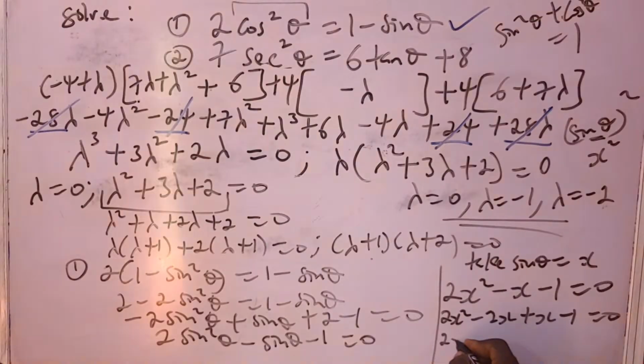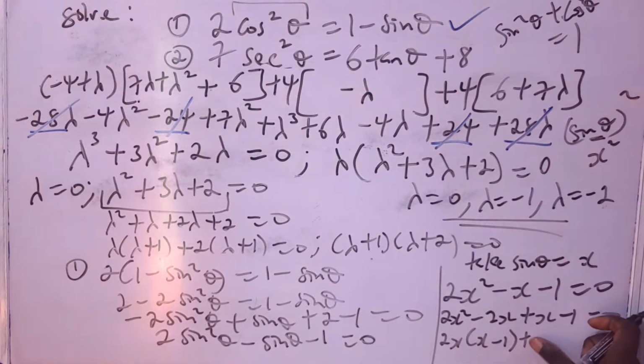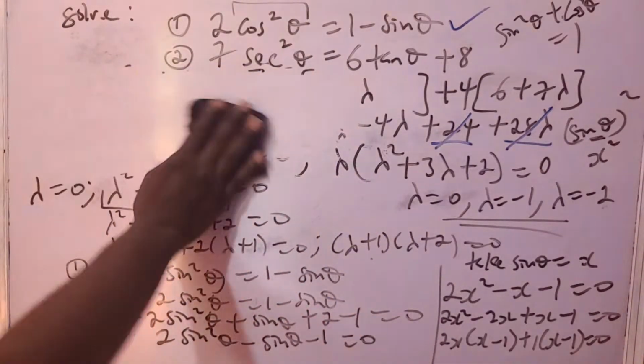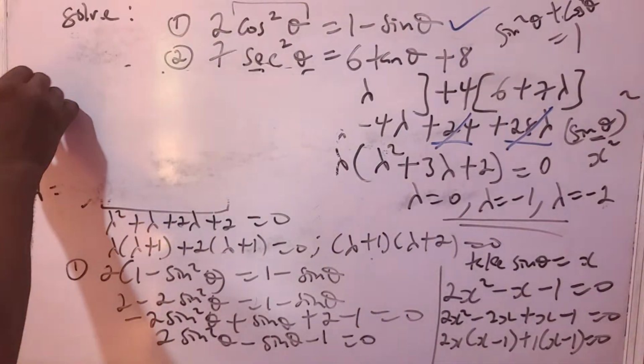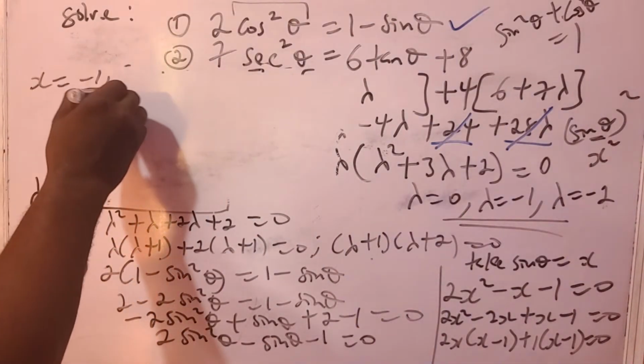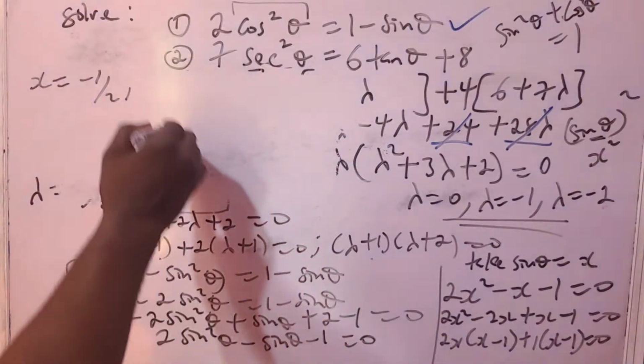You have your 2x into x minus 1, and you have your 1 into x minus 1 equals 0. So obviously you see from here that x will be equal to -1/2 and 1.